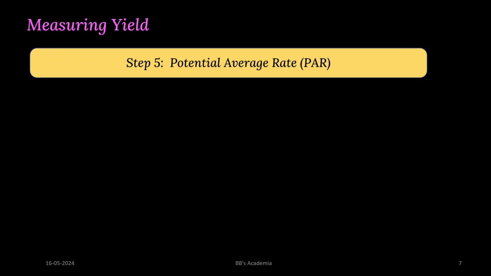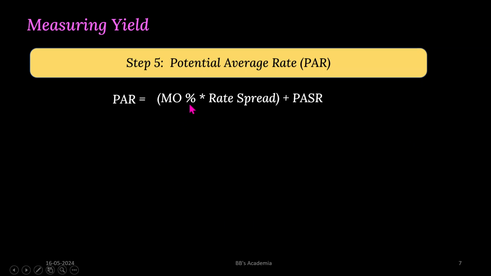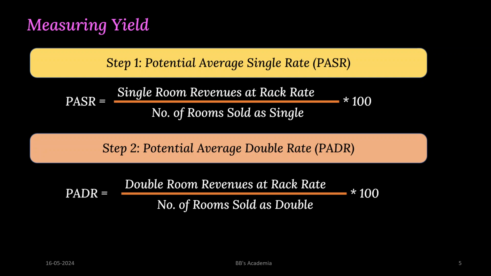Another one, potential average rate, PAR. What is that? PAR equals multiple occupancy percentage multiplied by rate spread plus PASR. What is PASR? If you find out in our previous slide, that is potential average single rate, PASR, and PADR is potential average double rate.